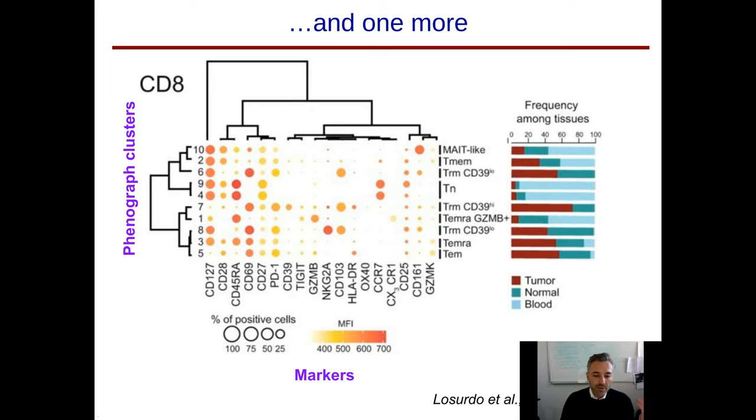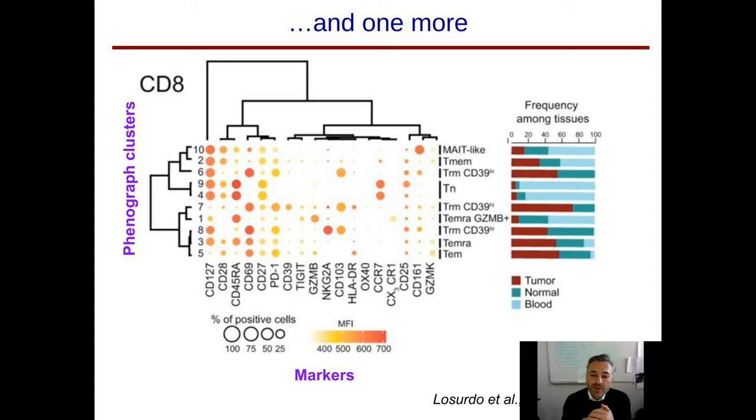This solves the problem that we had before. The bigger the balloons, the more cells express that antigen, and the darker the color, the higher the MFI for that specific antigen in the different clusters. Again, you can meta-cluster these clusters and the antigens as well, and by using your knowledge, now you can name all the clusters that you obtain.